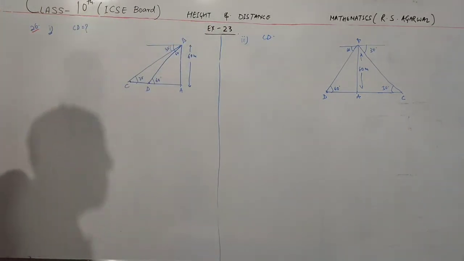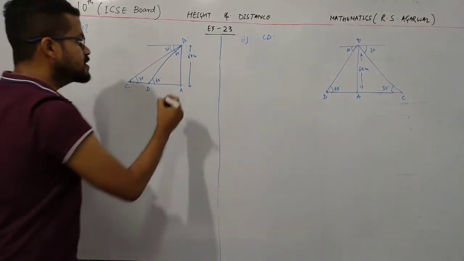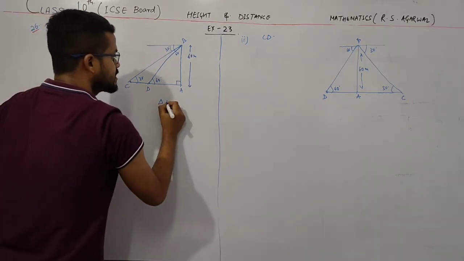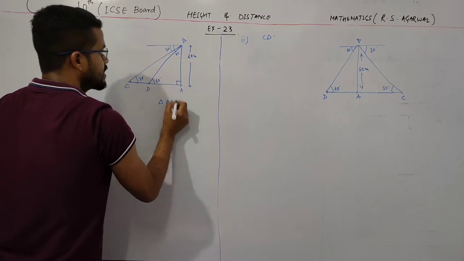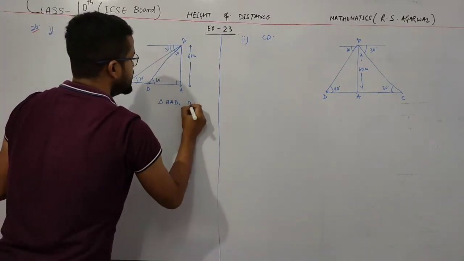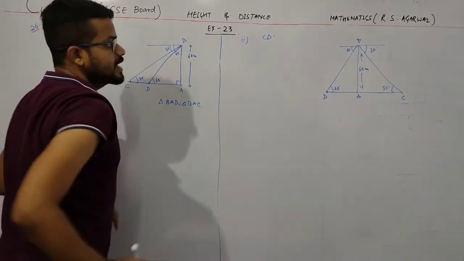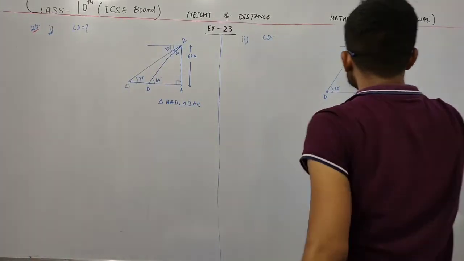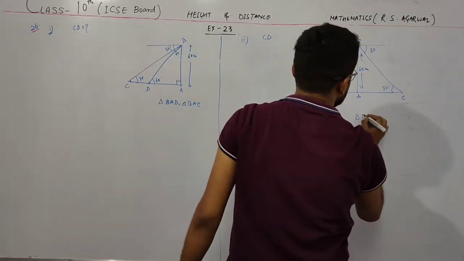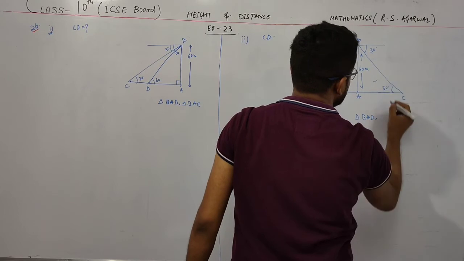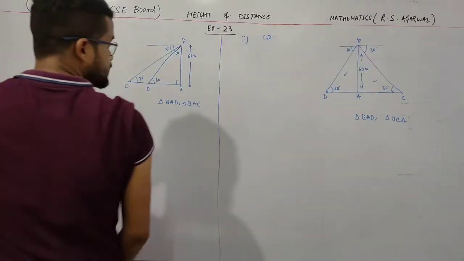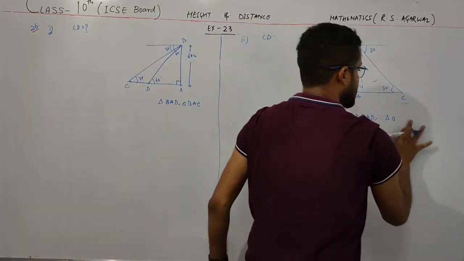Okay, in both the questions we have to use the right angle triangles. First one is BAD, this right angle triangle, and the second one is BAC. Similarly, here the first right angle triangle is triangle BAD, and the second one is triangle BAC.